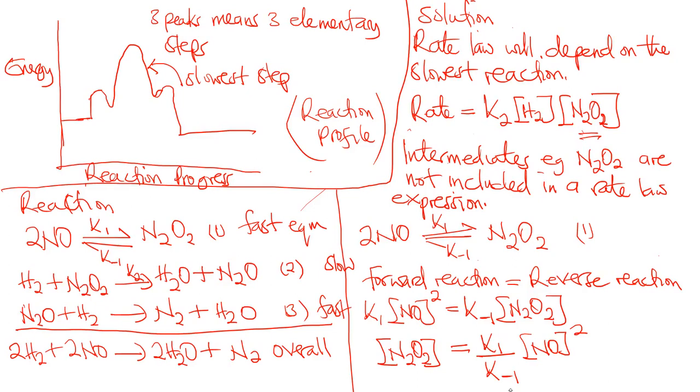So let me write this again on the next page. We are saying N2O2 is equal to K1 over K-1 NO squared.